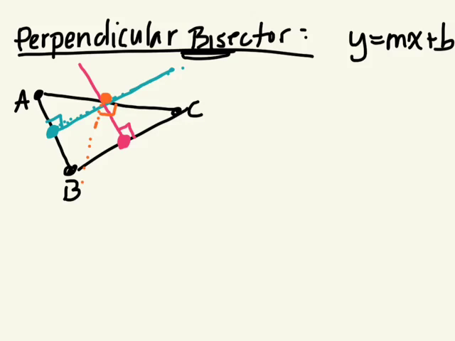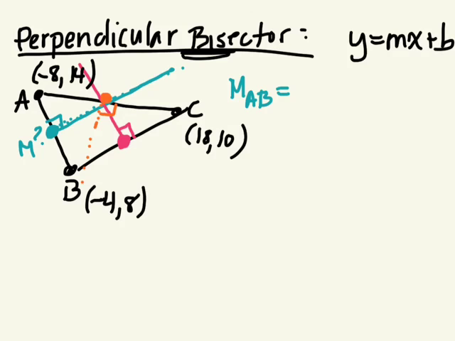Okay? So to figure out the perpendicular bisector of AB, what's the first thing I need to find? Yes, I need to know the midpoint. It bisects in the middle, right? So we need to find the midpoint of AB. Midpoint of AB, let's call this x1, y1.